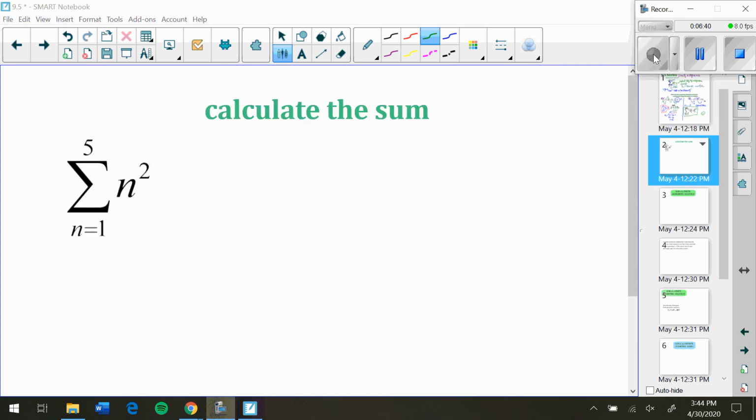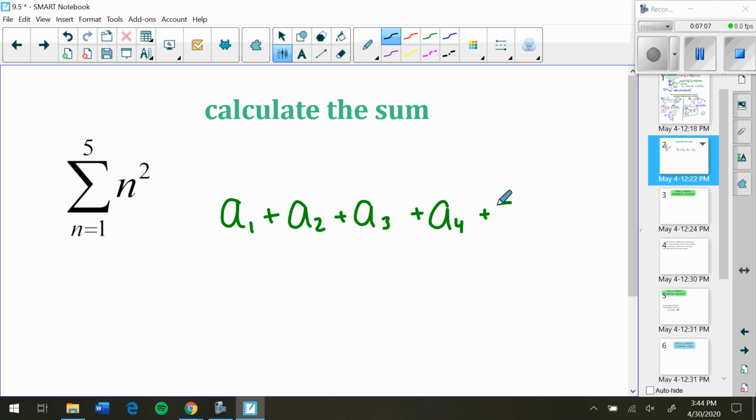Here's our next problem. Calculating the sum of a given series. So notice, again, we have what term number we want to start at and stop at, and then our explicit definition of a sequence. Now this is not geometric or arithmetic. I know that because it doesn't follow the forms that we just saw on the last slide, but that doesn't mean it's not a sequence. In this sequence, we want to add up the first, the second, the third, the fourth, and the fifth terms.